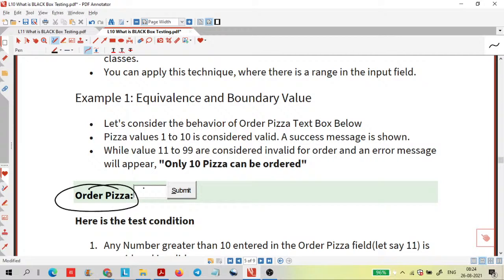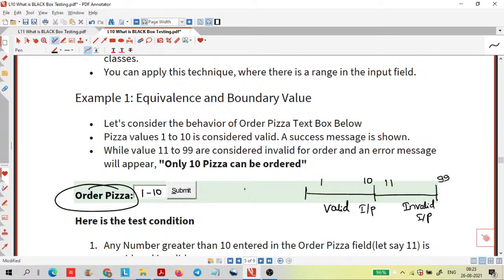Here the valid input is from 1 to 10. So if you provide 1 to 10 in the input, it is a valid input. Suppose you consider the class, if you provide 1 to 10, this is a valid equivalence class. And if you provide 11 to 99, then it is an invalid input.